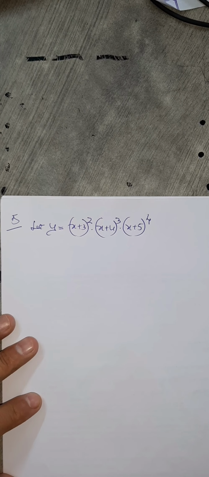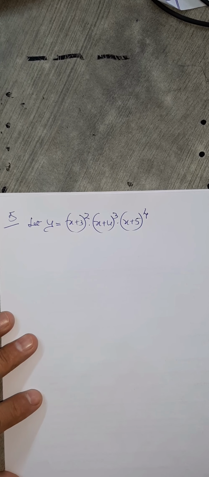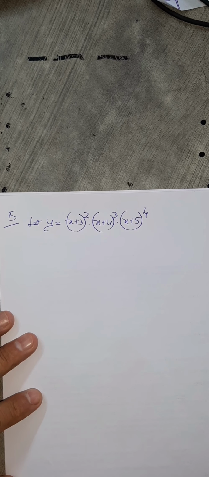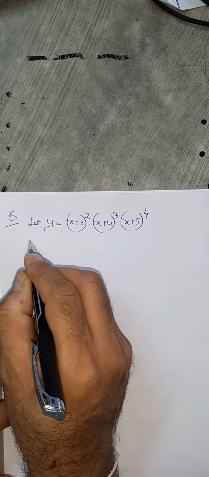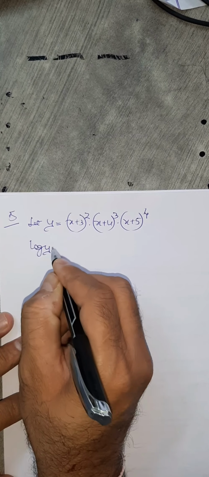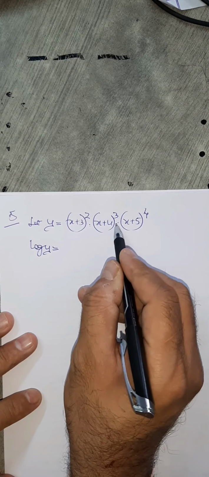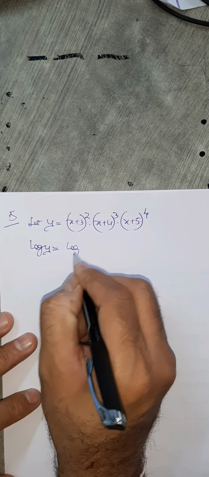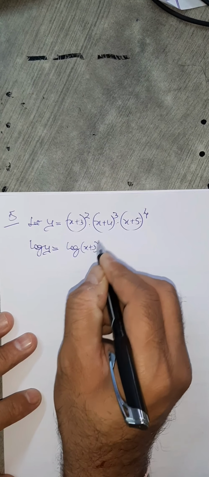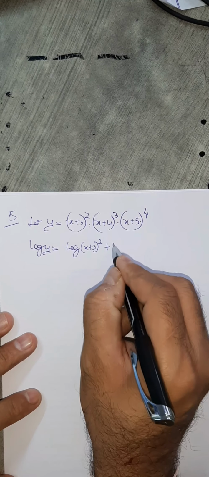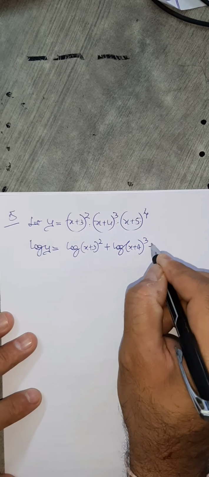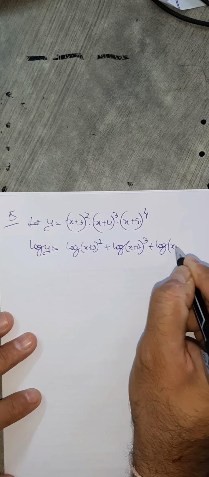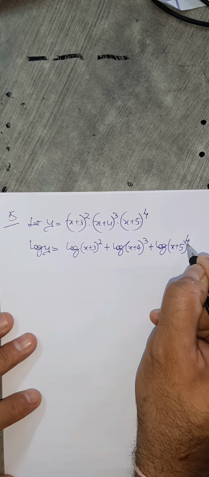Next question, question number 5. You have a product of 3 functions. You can do it by the product rule also, but we apply the log function on both the sides. So applying log, log y equals, this product becomes addition, you know, log of (x plus 3) the whole square plus log of (x plus 4) the whole cube plus log of (x plus 5) the whole raised to 4.